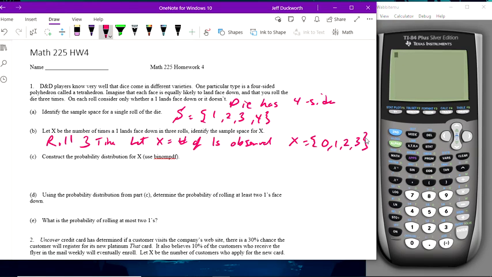Construct, for part C, construct the probability distribution for x, and I've noted use the Binompdf. So it's a binomial. We need 3 things. We need n, that's the number of trials. Well, that is 3. We're going to roll it 3 times. P is the probability of success.